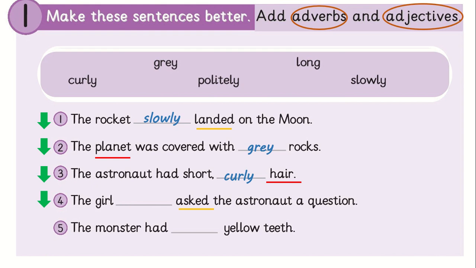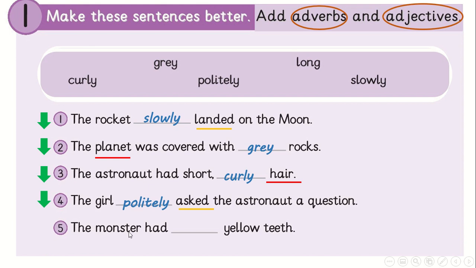And you have to do the same, my students. When you ask someone questions, you have to ask him politely, with respect. You have to say, "Excuse me, could you please give me this paper?" So you have to ask politely.